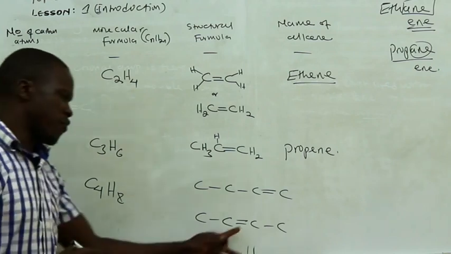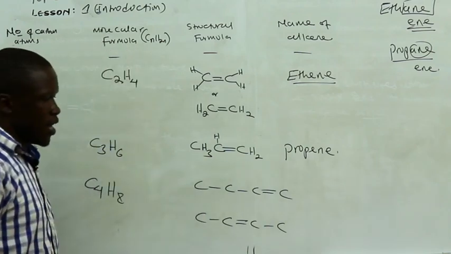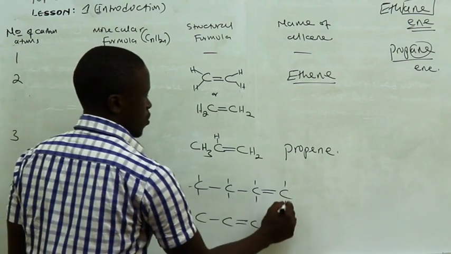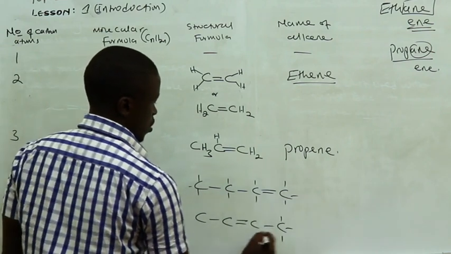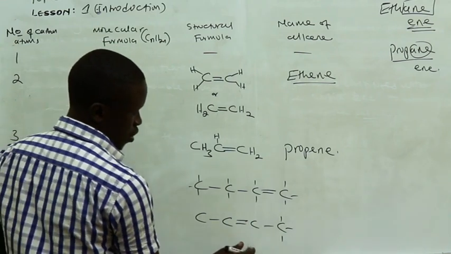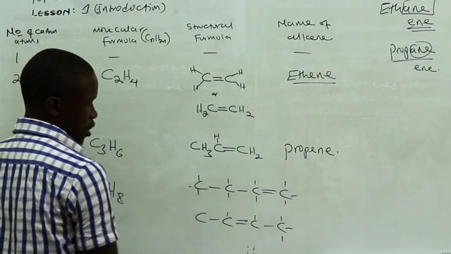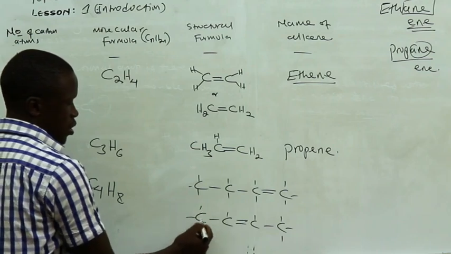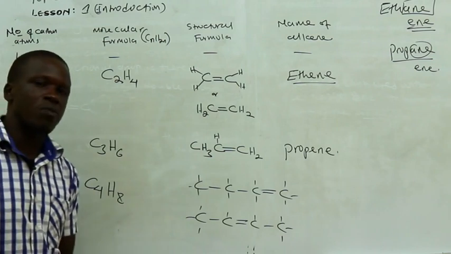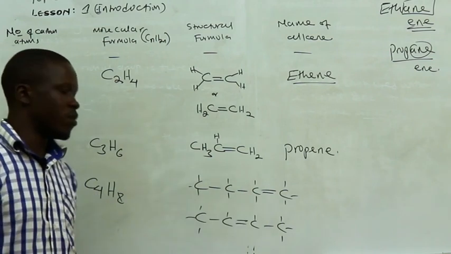Now, if we arranged it like that, changing simply the position of the double bond, then you could put the hydrogen atoms. These are 4. How many do we have here? 3, so we need a 4th one. These are also 3, we need a 4th one. And then this. So that means if we are simply looking at the arrangement of the double bond, for this compound, there are 2 possible arrangements.